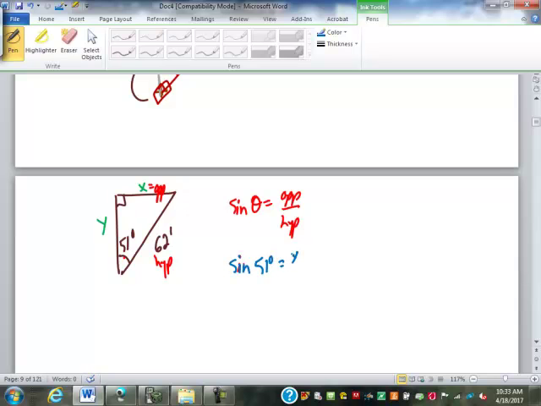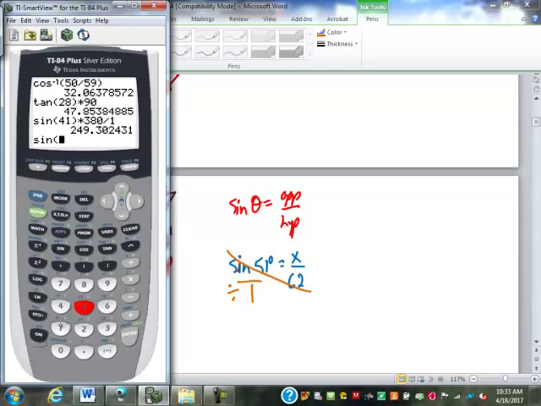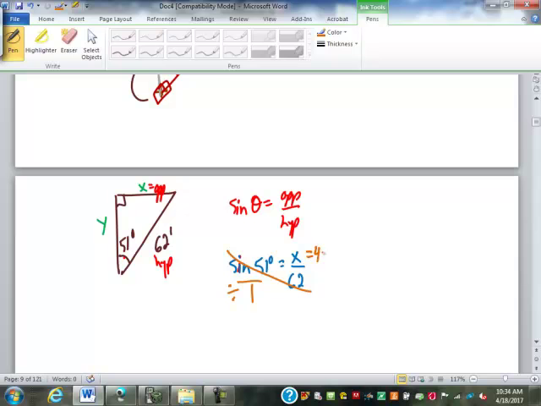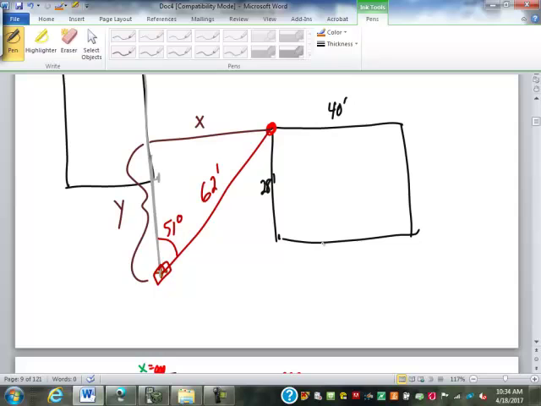Sine of 51 is my X over my 62. Put this over 1 so I can cross multiply and divide. Sine 51, make sure I close my parentheses, times 62 is 48.18. So X right now is 48.18 feet.